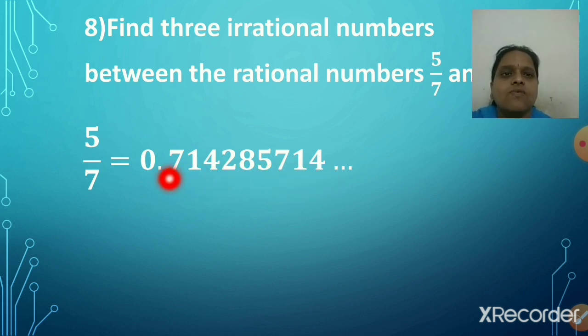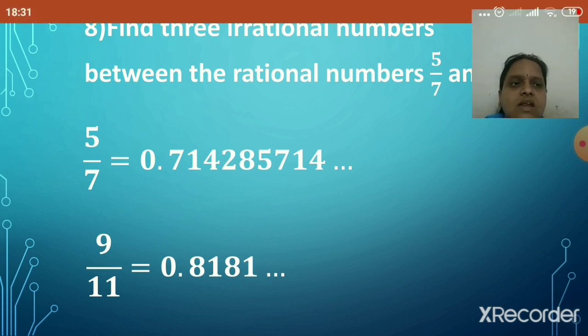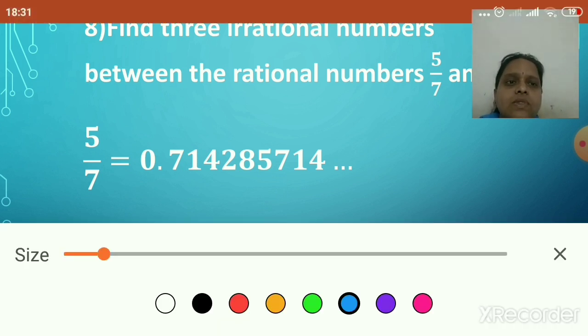So the number is 0.714285 recurring. Correct? So this is the expansion of 5 upon 7. The next one is 9 upon 11. If you divide 9 by 11, you will get the expansion 0.8181 dot dot dot. Here again it is recurring, 81 and 81.